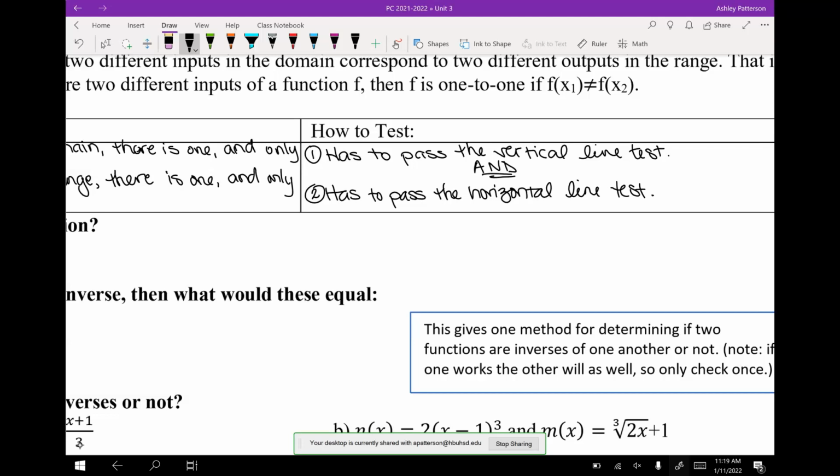So thinking about those two tests, I have to pass the vertical line test, which means I cannot cross the function at more than one location, and I have to pass the horizontal line test.